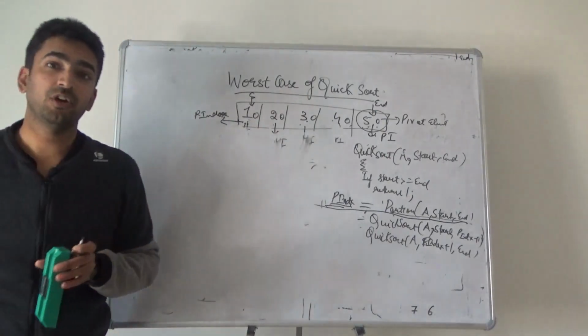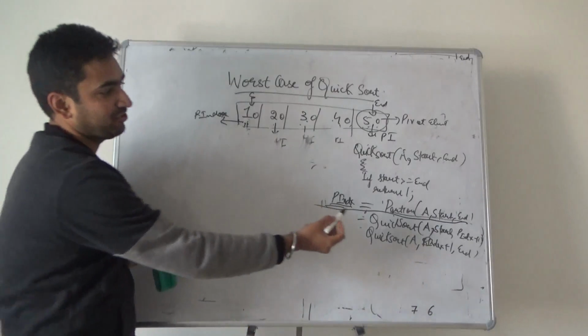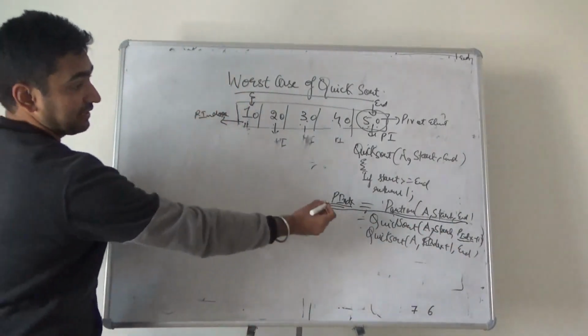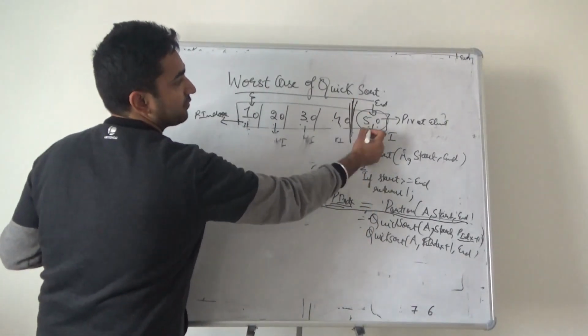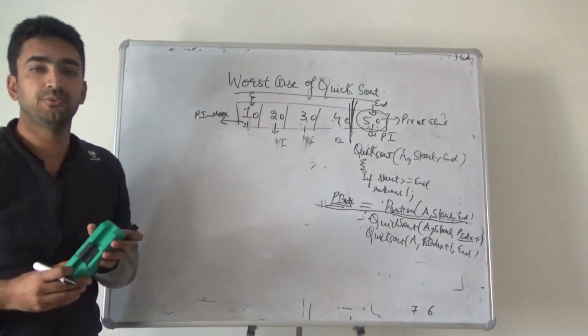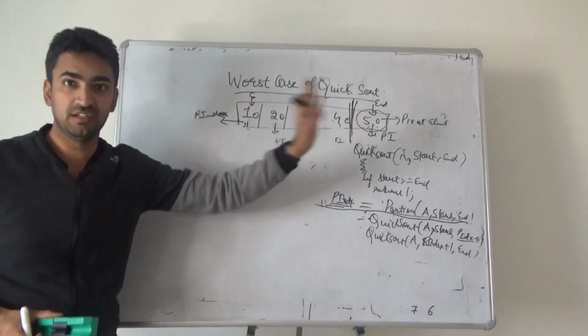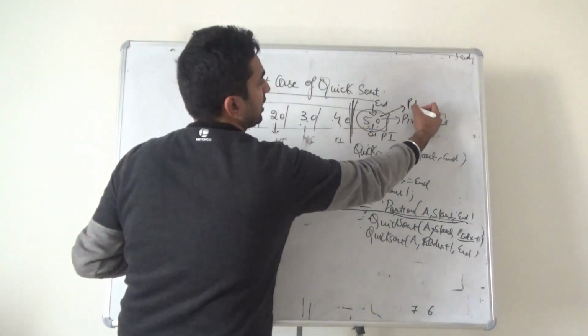Now, you have to separate your start element up to P index minus 1. Since we compared our initial 4 elements with this element, and everything was lesser than 50, your partition index comes over here.